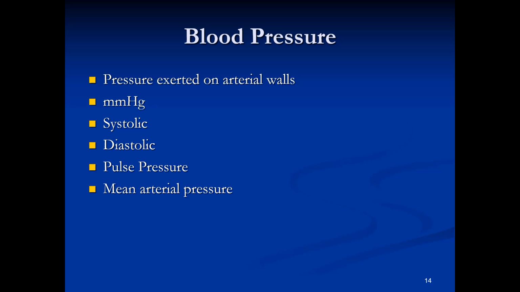There's actually an equation you can use to estimate this, but I'm not going to put it up for you. But just be aware that the mean arterial pressure is an average, but at rest it has to be weighted more towards the diastolic pressure. So just to give you an idea, if your blood pressure was 120 over 80, your mean arterial pressure would be around 93. So it's weighted more towards the diastolic pressure.